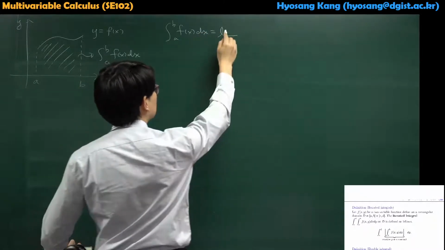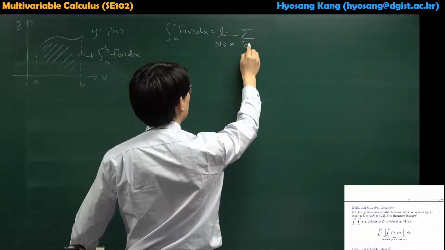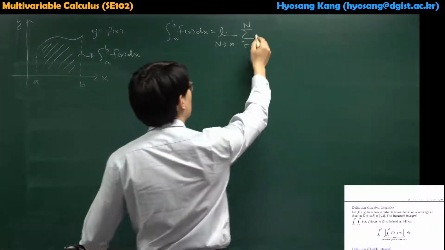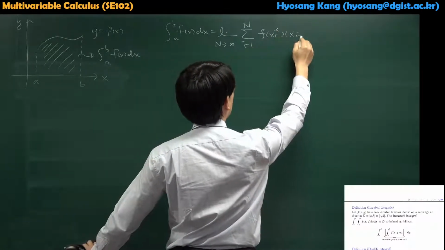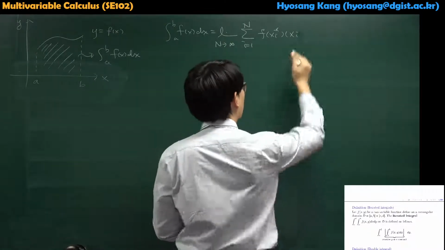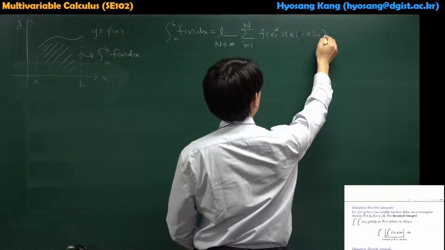So when n goes to infinity, you take the sum over the interval of f of xi star times xi minus xi minus 1.